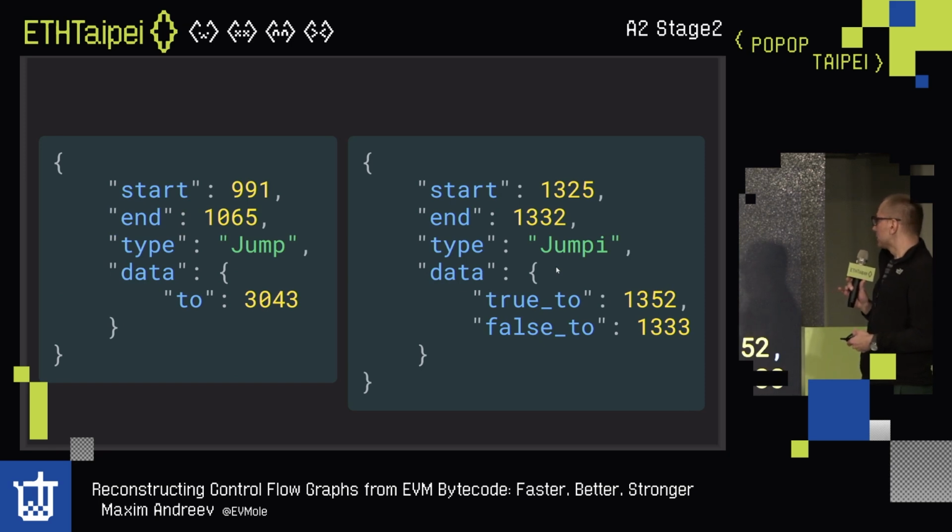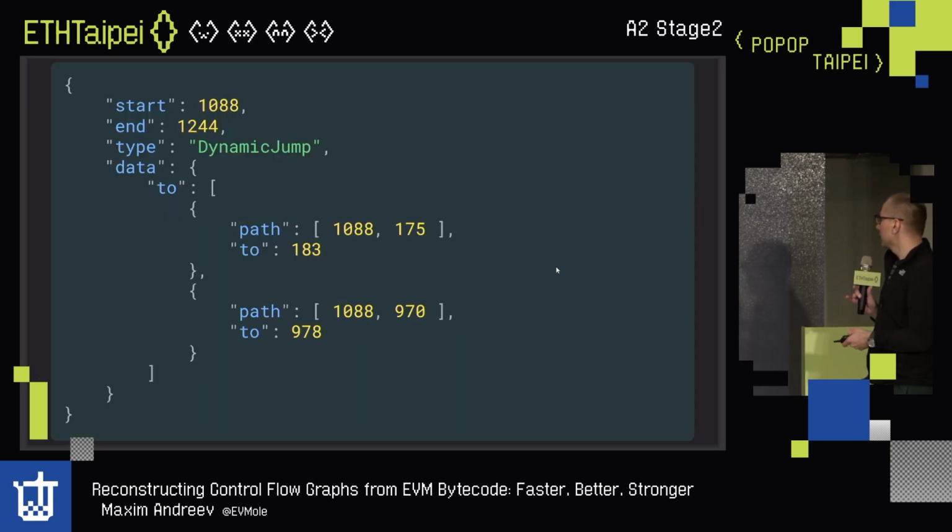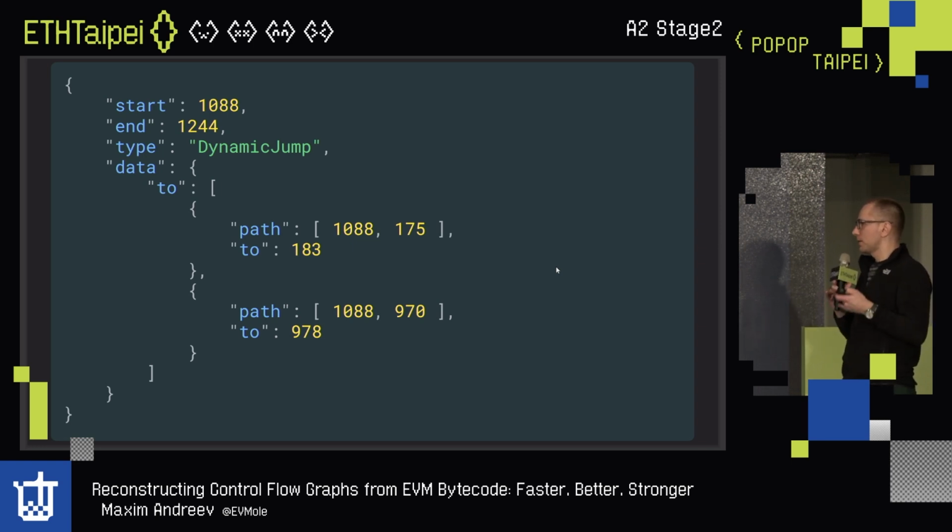And this is how the analysis results look. If it's a jump, I output the jump destination. If it's a conditional jump, I output the true and the false location. And if it's a dynamic jump, then the destination of the jump is based on the path we took to get into this node.